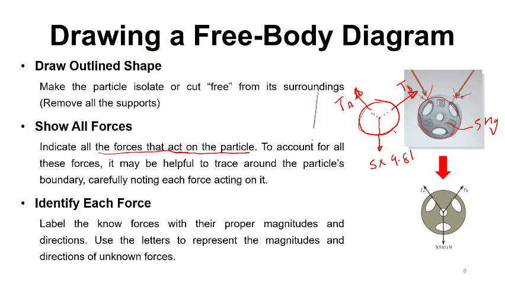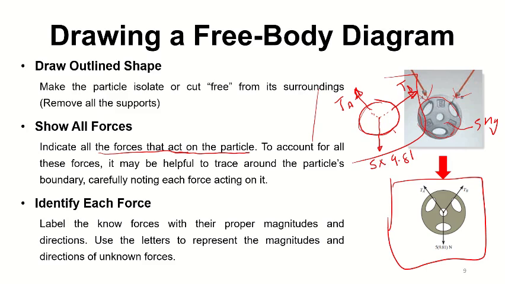This is what we call the free body diagram of this particle. So the first thing, when you draw the free body diagram, is to remove all the surroundings, or all the supports of that particle, and get the particle isolated.